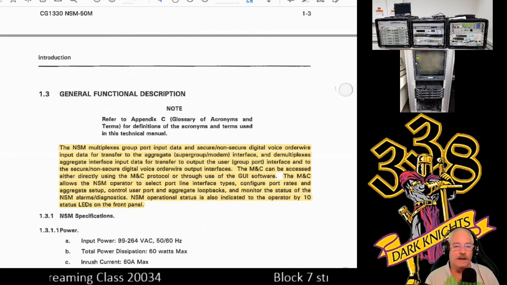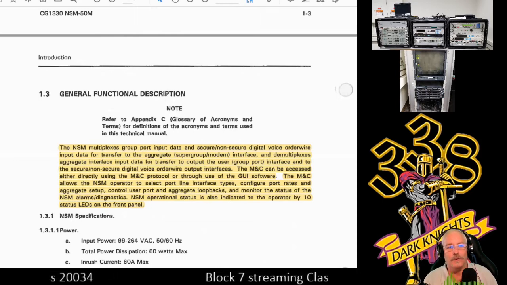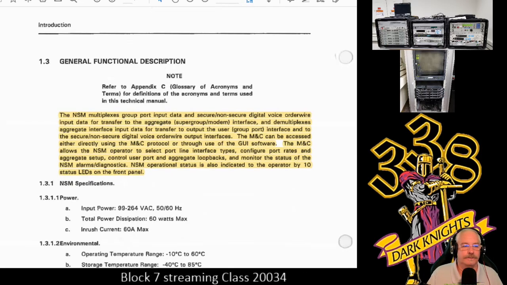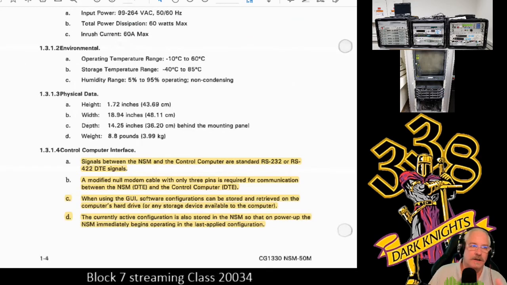Thank you, ampersand. M&C can be accessed either directly using the M&C protocol or through the GUI software. The GUI software is what you're going to be using tomorrow. So you're going to program the NSM what to do. And of course it goes through what it is and what mode it's operating in. And this is all in chapter 1.